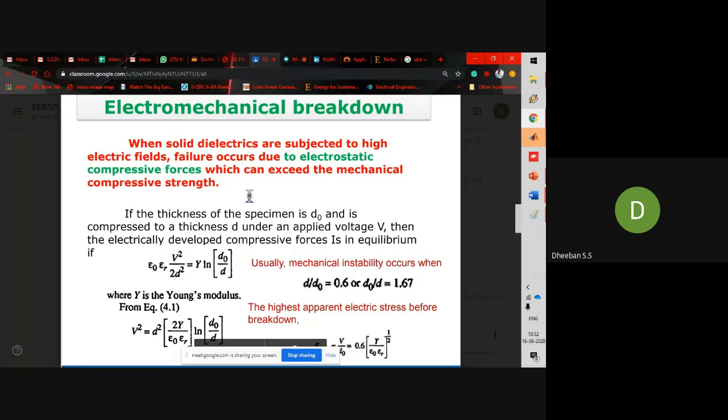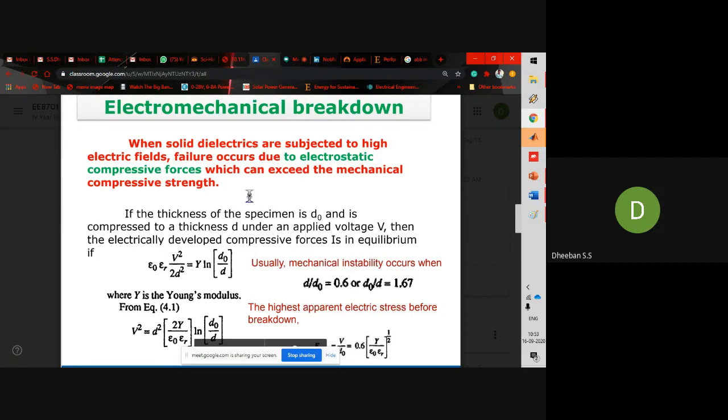So here you're applying a very high electric field in your solid dielectric medium. Then, due to the compressive forces, it is a kind of mechanical force.